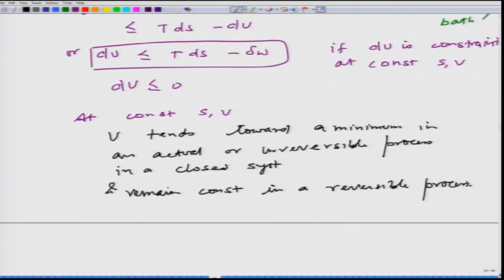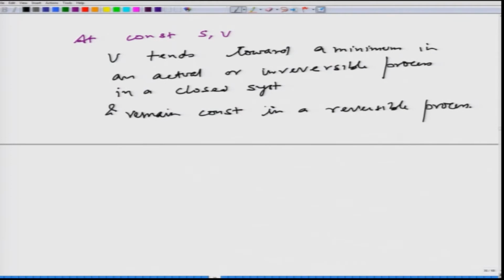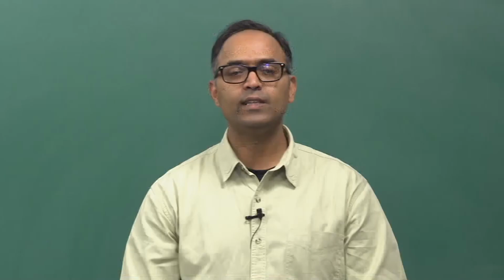So, what it says is that at constant entropy and volume, U tends towards a minimum in an actual or irreversible process in a closed system, and it remains constant in a reversible process. In other words, this expression provides a criterion for equilibrium, that means dU less than or equal to 0, or U tending towards a minimum in a closed system, provides a criterion for an equilibrium system.